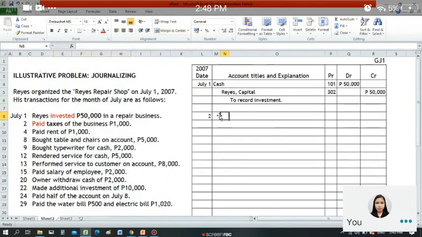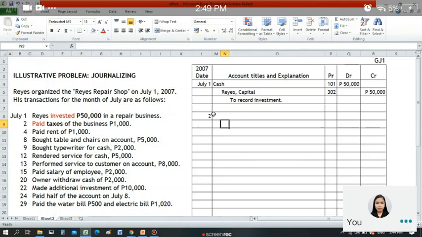So to analyze, what will you debit and what will you credit? So apply the rules of debit and credit or the normal balances. So ano yung binayaran mo, yun yung debit. Kung ano yung ipinambayad mo, siyang credit. Kasi yun yung value parted mo.